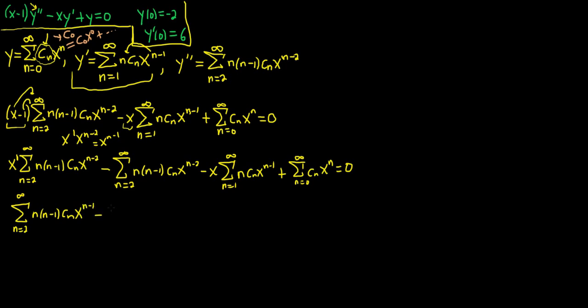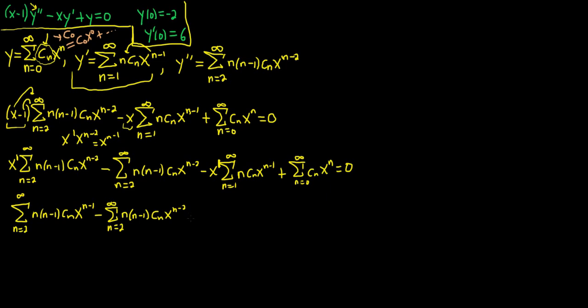And then minus the infinite sum, n goes from 2 to infinity. Lots of writing and lots of notation. It's like if you copy down one thing incorrectly, boom, the whole thing is wrong. c sub n, x to the n minus 2. Same thing here with this x. We have x to the 1 times x to the n minus 1, so you add the exponents.